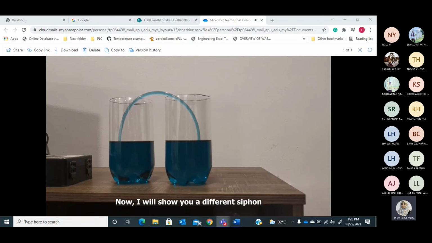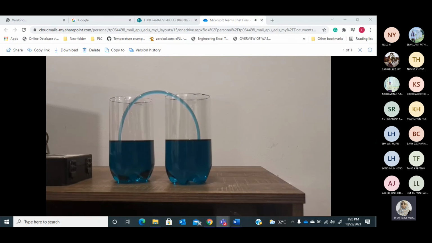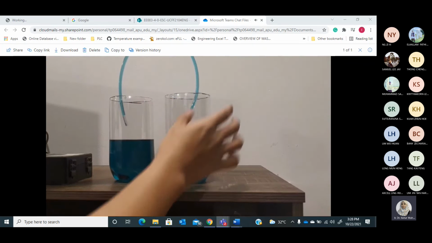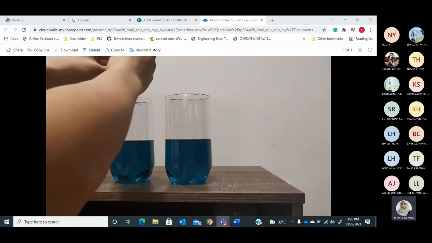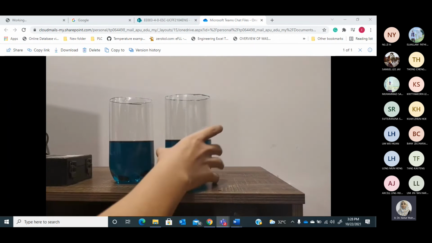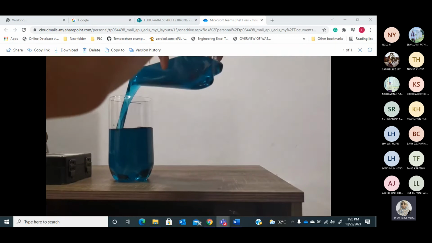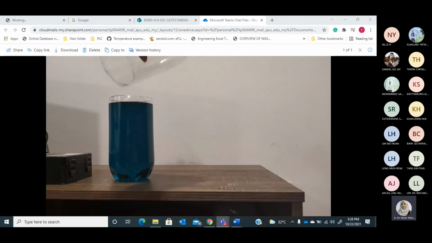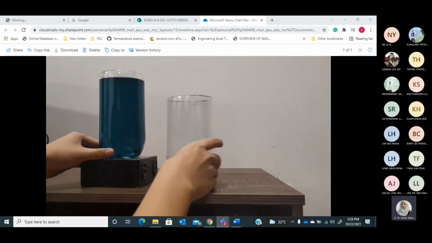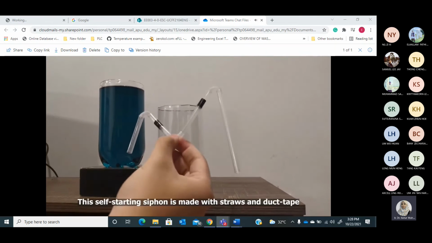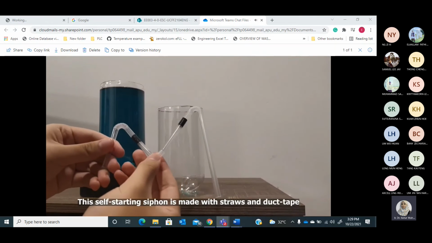Now I will show you a different siphon, which is a self-starting siphon. This self-starting siphon is made with straws and duct tape.